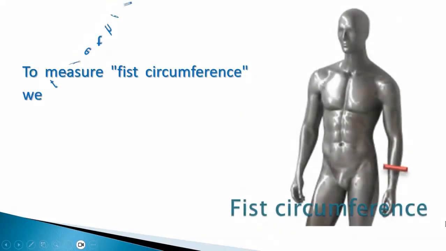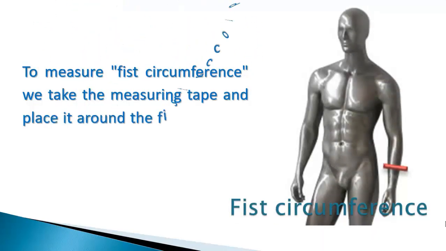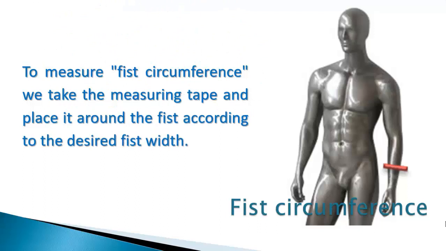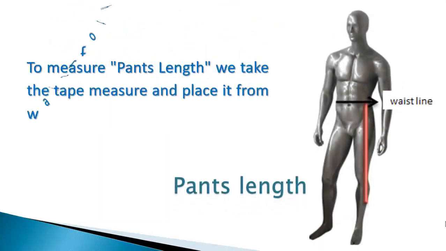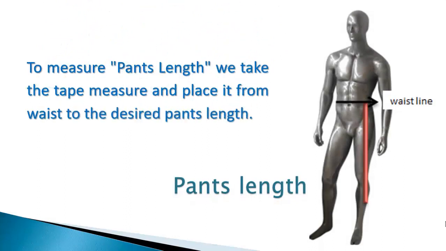To measure skirt circumference, we take the measuring tape and place it around the skirt according to the desired skirt width. To measure pants length, we take the tape measure and place it from the waist to the desired pants length.